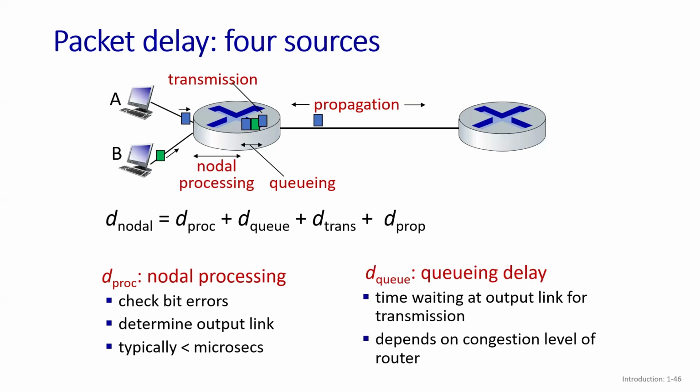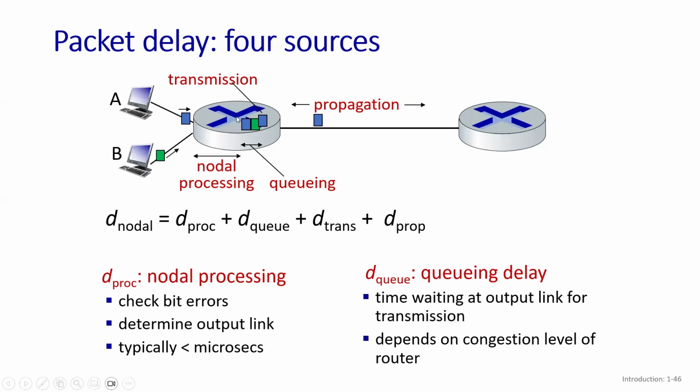The second delay is the queuing delay. As I mentioned previously, the queuing delay is the delay that the packet is going to face while staying in the queue, waiting for its turn. Now, the queuing delay is usually variable. It depends on the congestion level of the router, and also how much congestion there is on the network.